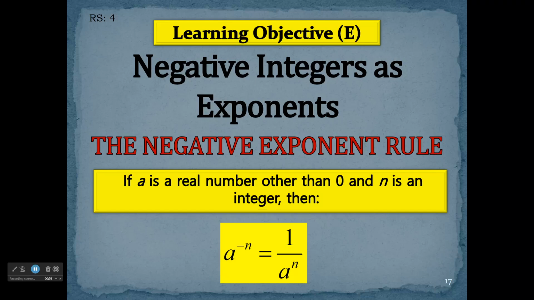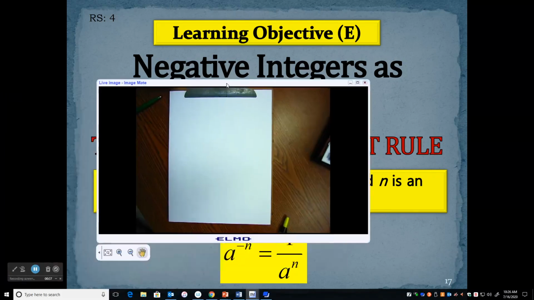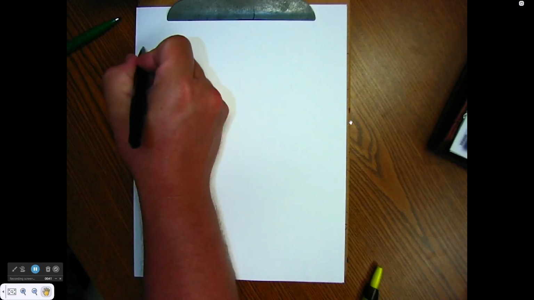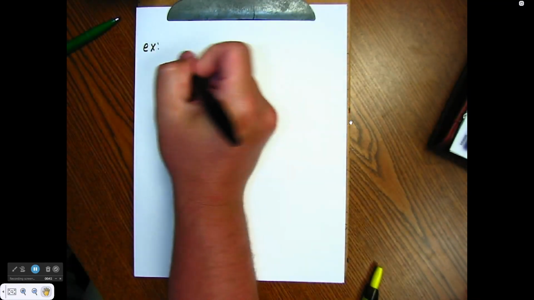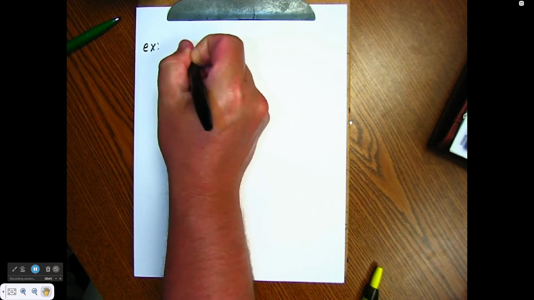Now, that probably doesn't make a whole lot of sense to many of you. Good if it does, but if it doesn't, don't worry. Let's look at an example of what this is talking about. X to the negative 3.